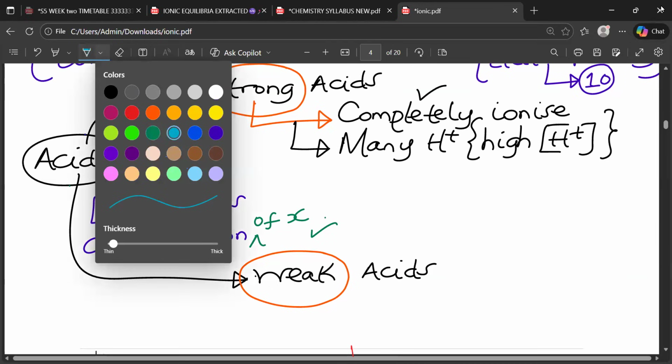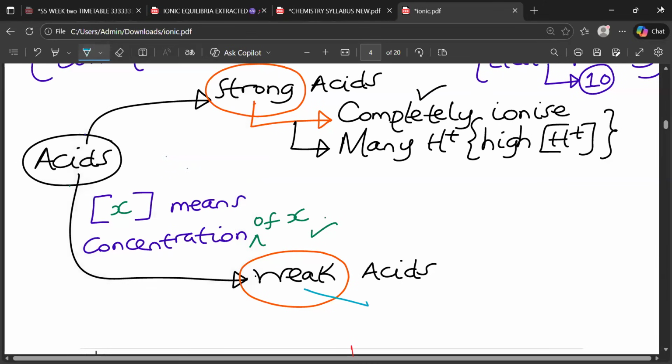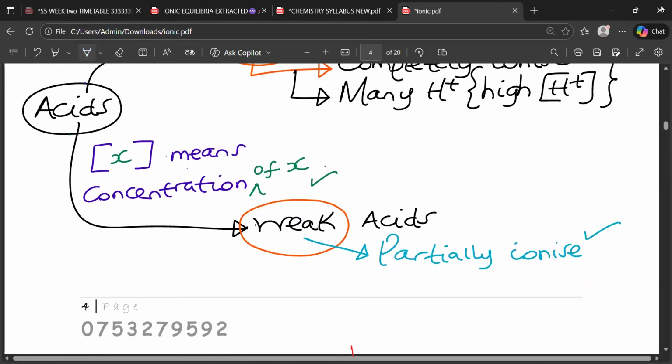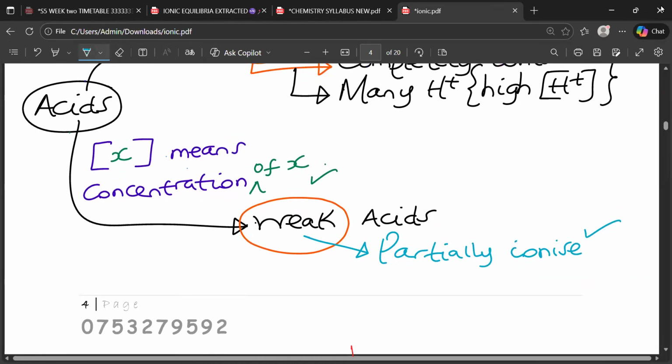Now, for the strong ones we've said they completely ionize. For the weak ones, they ionize partially. I want us to go slowly. So these ones do the reverse. They partially ionize. And when they do that, what happens?